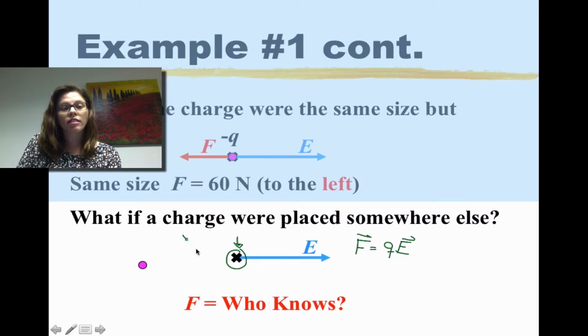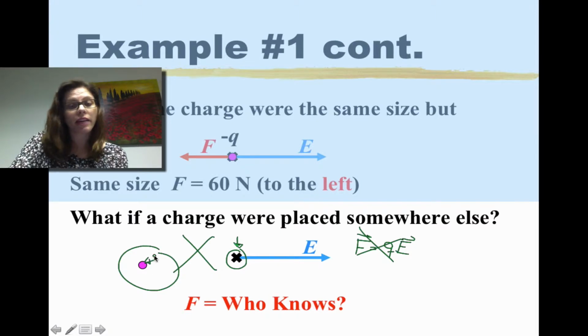If they're not at the same point, we cannot use this equation. We just don't know anything about the electric field right here, and so we don't know anything about the force on this charge at this location.